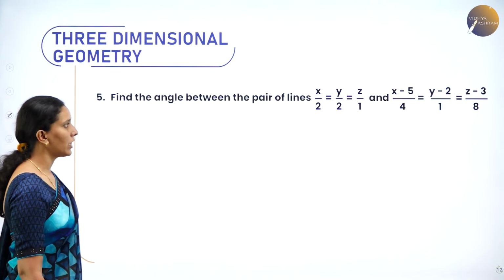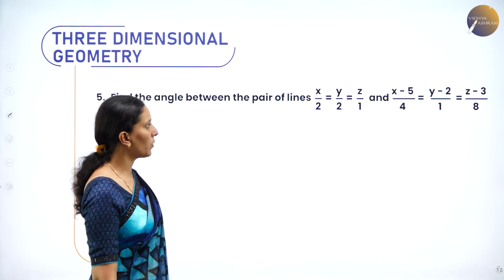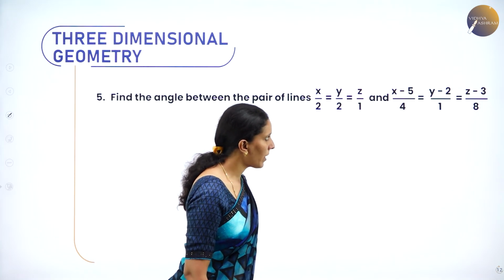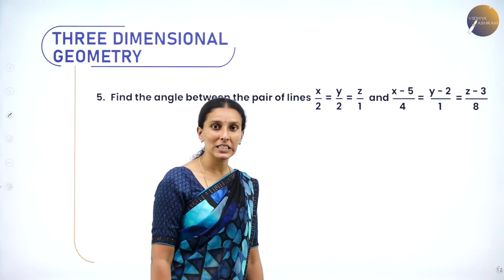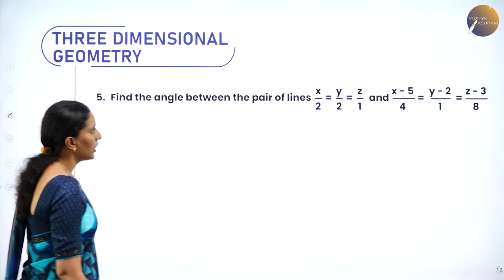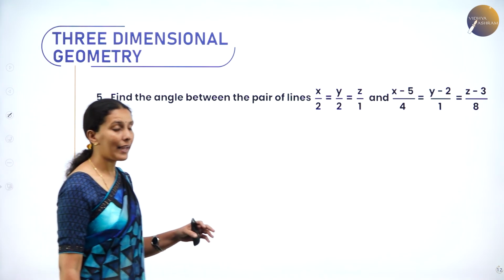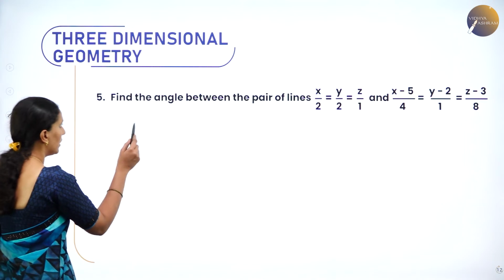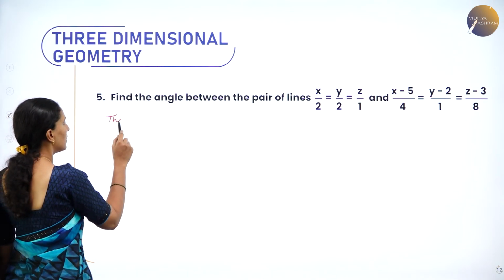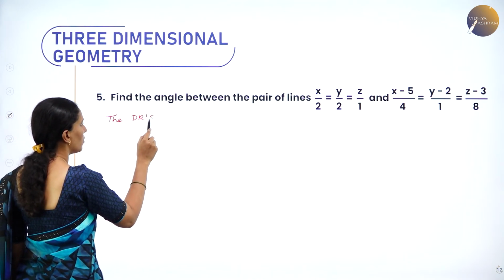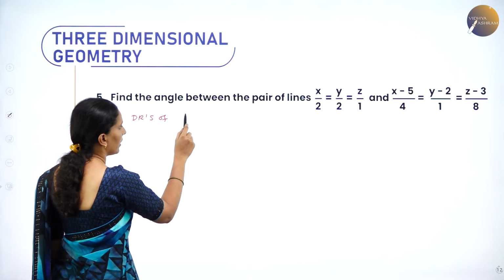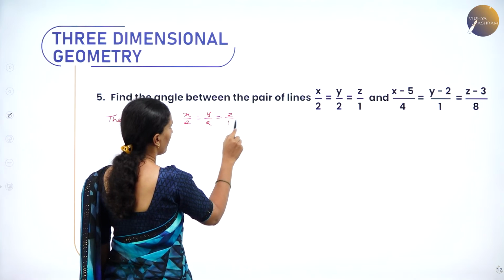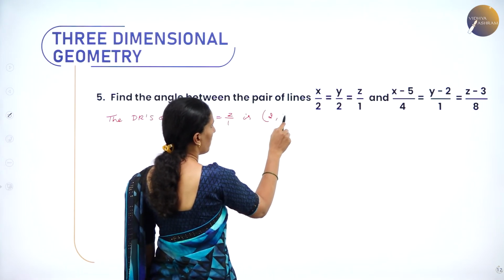Find the angle between the pair of lines x by 2 is equal to y by 2 is equal to z by 1, and x minus 5 by 4 is equal to y minus 2 by 1 is equal to z minus 3 by 8. Clearly, we need to find the direction ratios of line 1 and line 2. The direction ratios of x by 2 is equal to y by 2 is equal to z by 1 are 2, 2, 1.